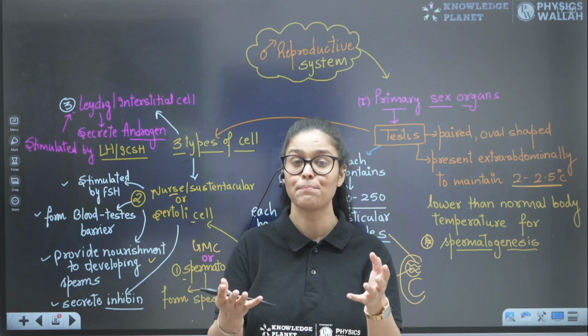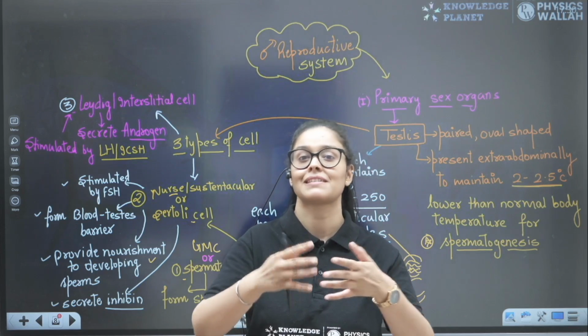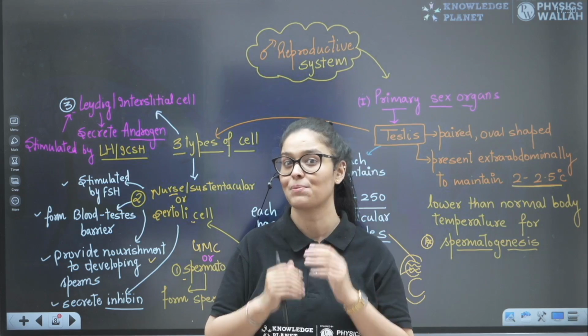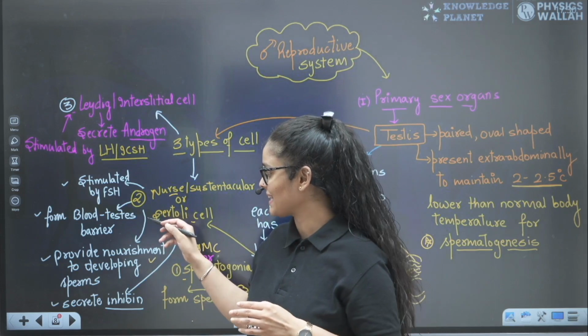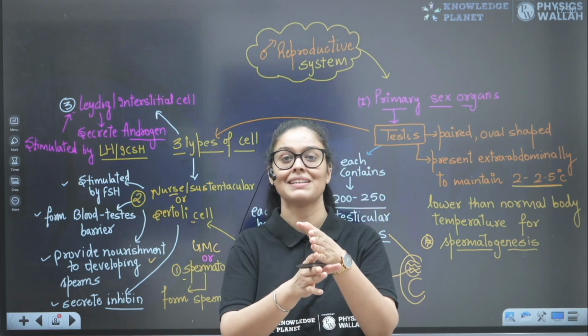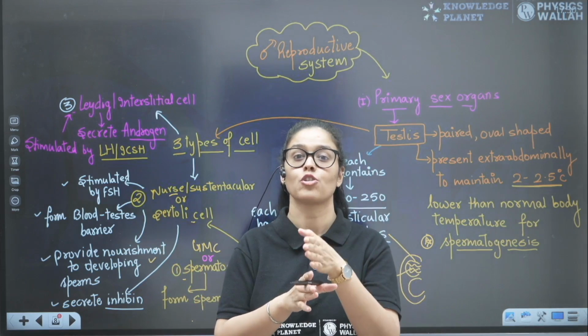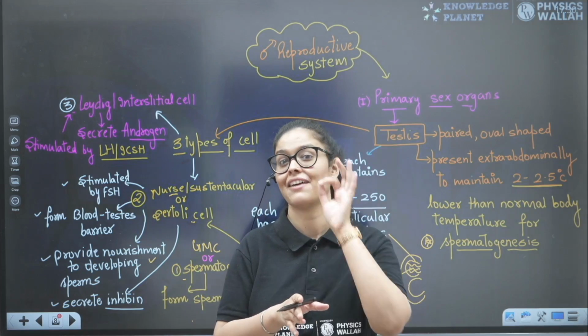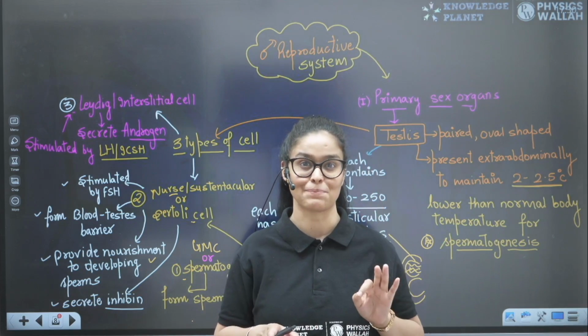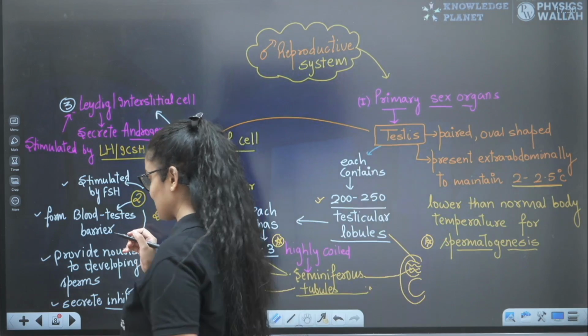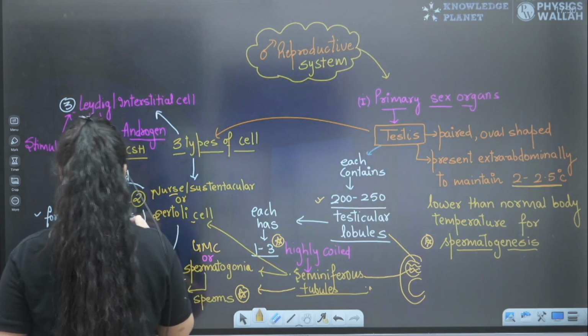The testes is a very important organ because spermatogenesis happens here, so we have to give it extra protection. The Sertoli cell makes that barrier between the testes and blood. It is also known as the tight junction that you must have done in your class 11th epithelial chapter, right?